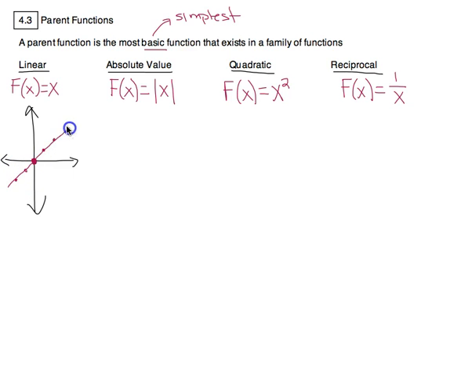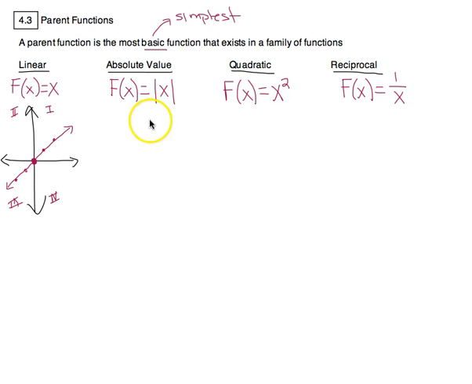And again, if we're talking about quadrants, this is quadrant 1, 2, 3, and 4. So the linear parent function is in quadrants 1 and 3.